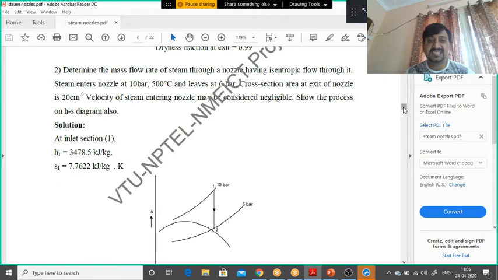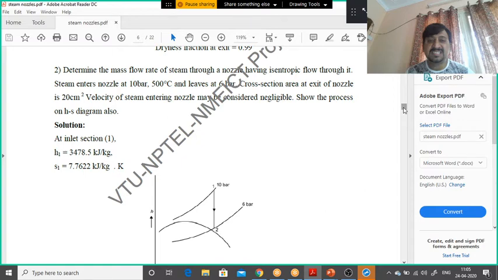The cross sectional area at the exit of the nozzle is 20 centimeter square. The velocity of steam entering the nozzle may be considered negligible. Show the process on the HS diagram. They are just asking for the process. We can find some of the things.